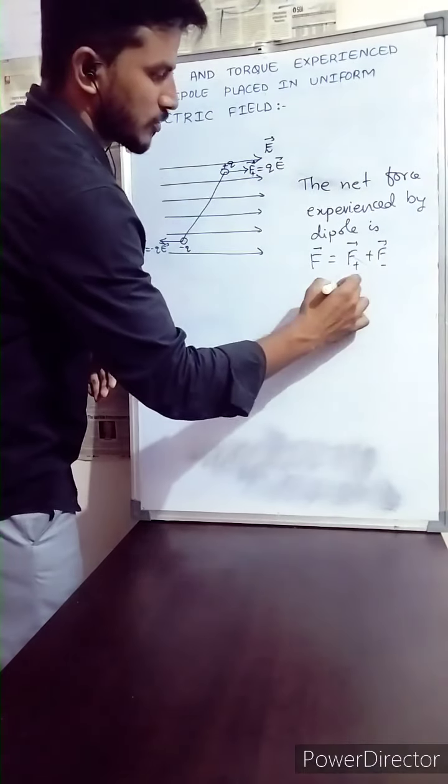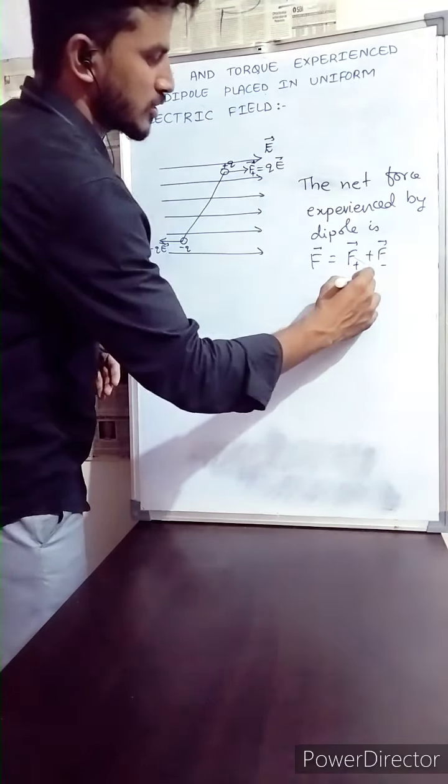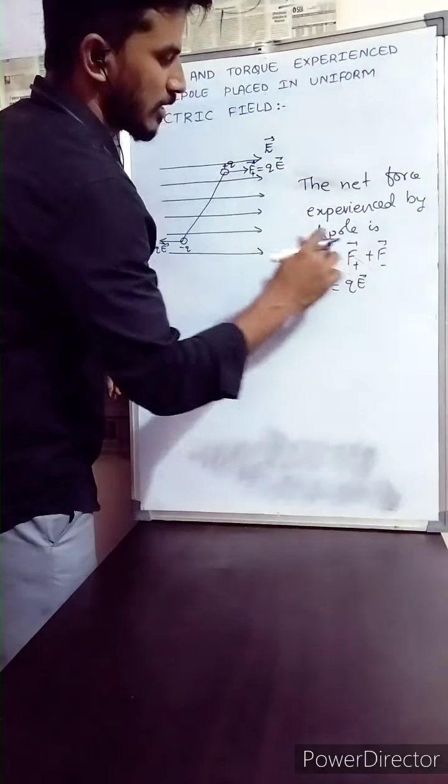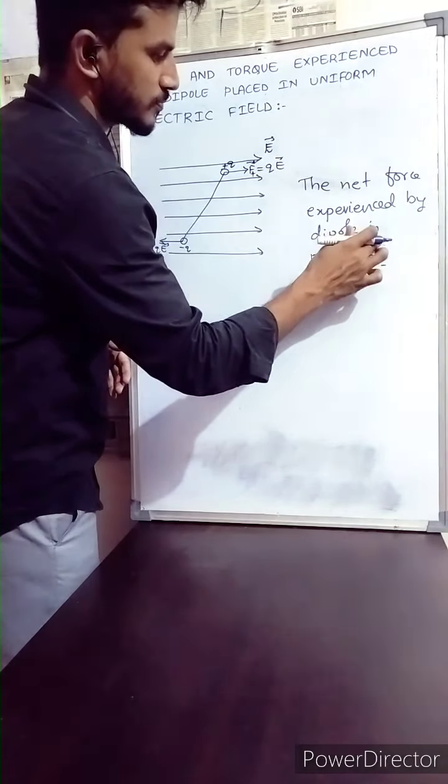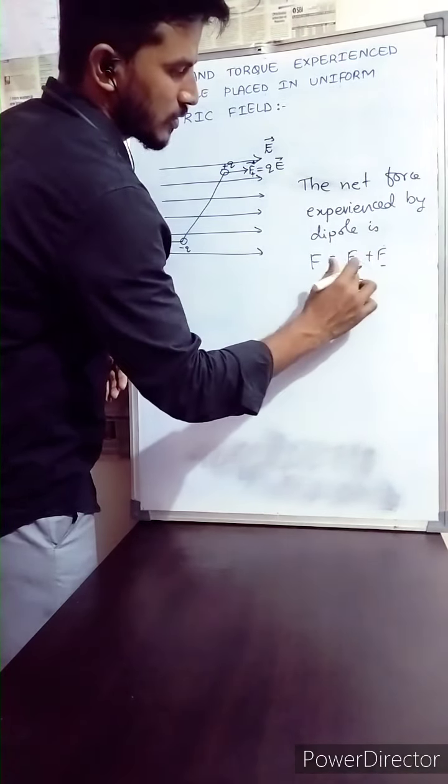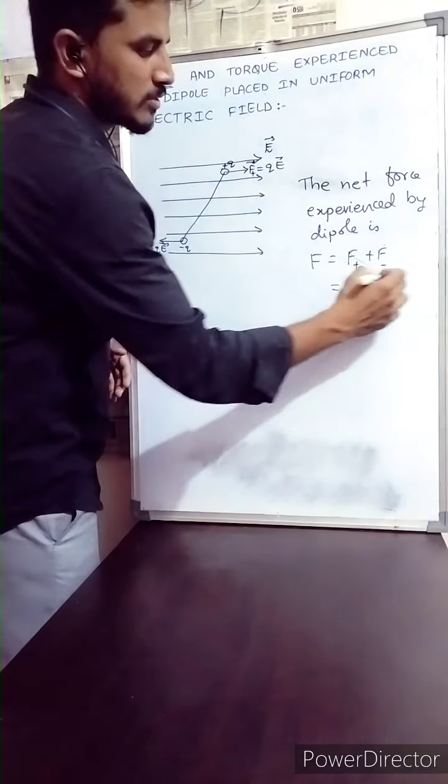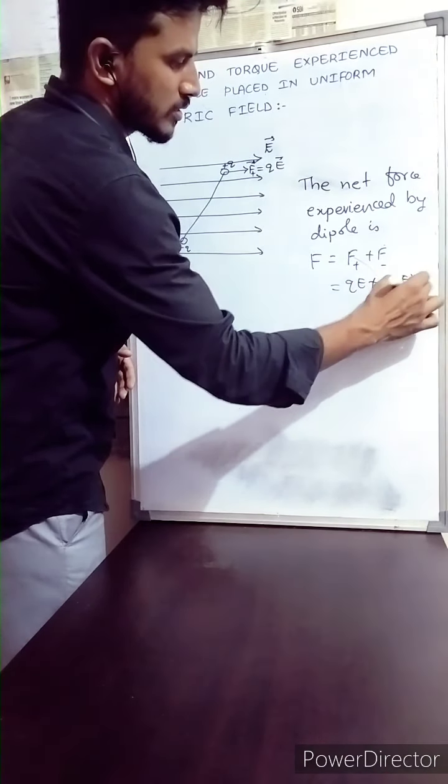The force on the positive charge is qE, I will write the magnitude itself, plus the force on the negative charge is minus qE.